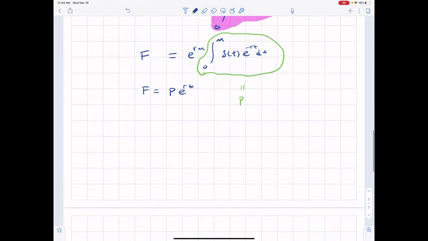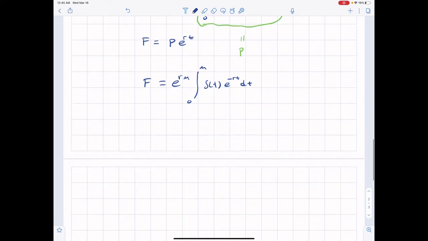So now the future value is e to the rm times the integral from 0 to m of s of t e to the negative rt dt, or the present value is the future value times e to the negative rm. This is what I use to find either the present value or the future value, depending on which one I have. They could give me the present value and I have to find the future value, or vice versa.